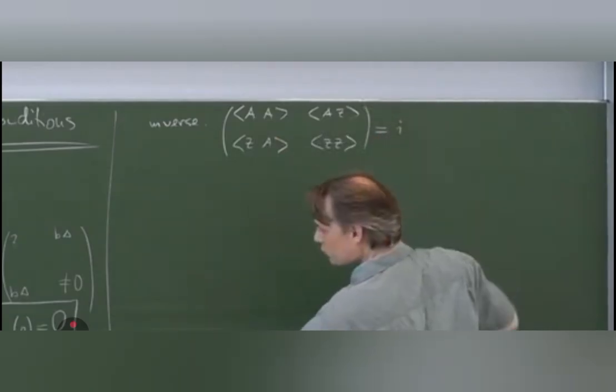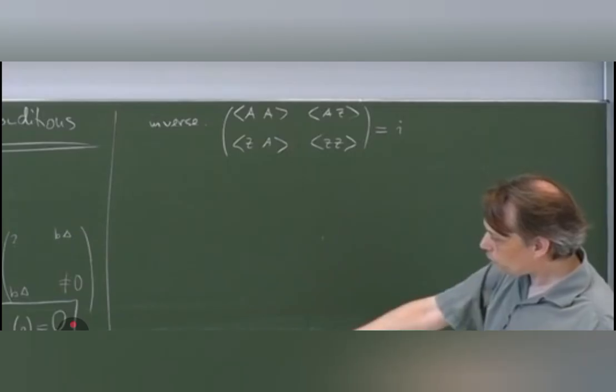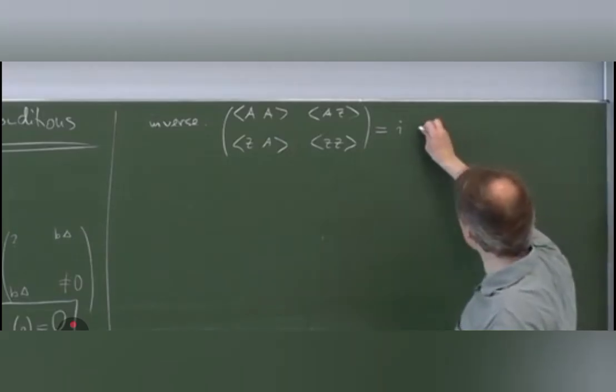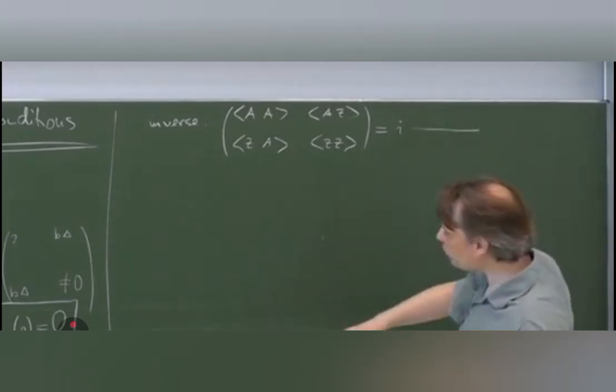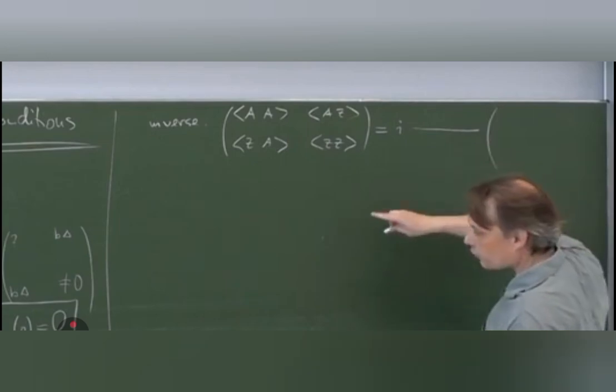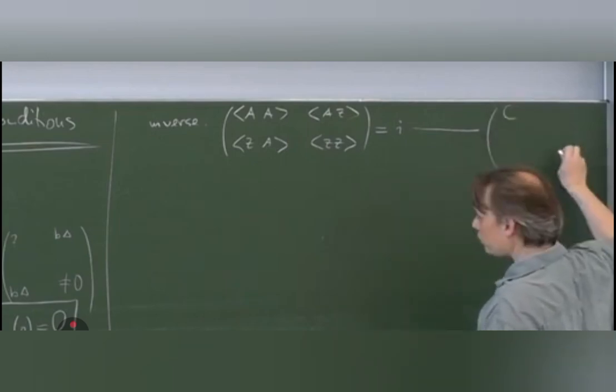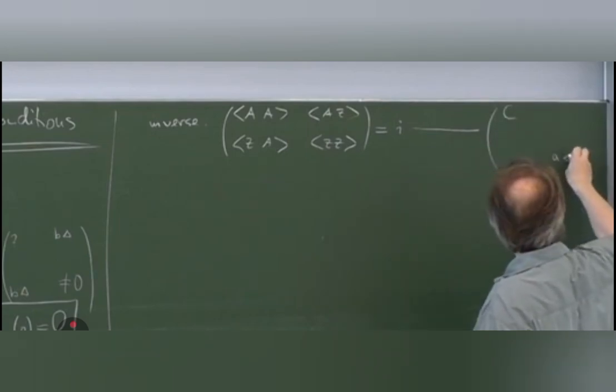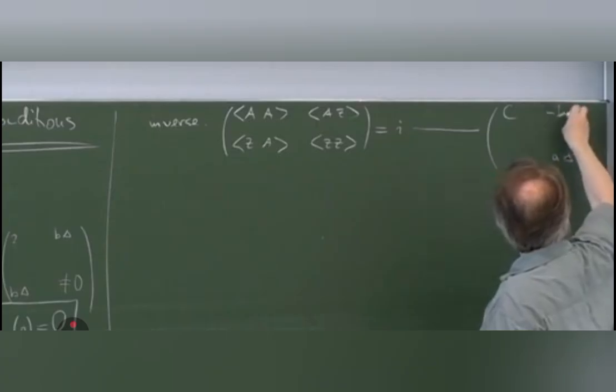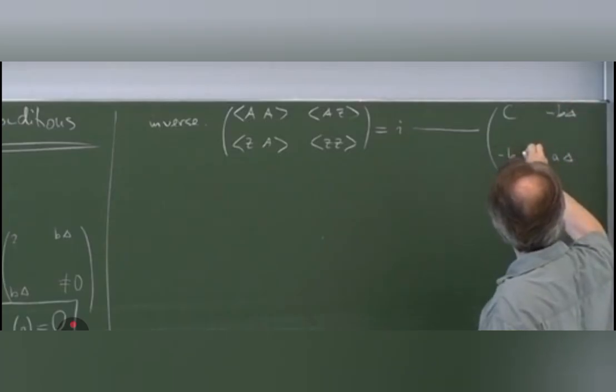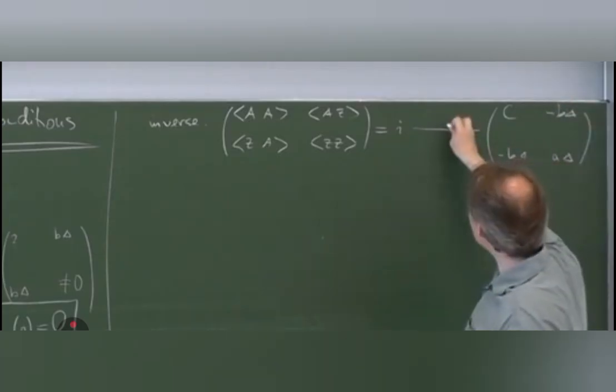And what is actually the inverse of that? The inverse of such a 2 by 2 matrix is 1 divided by the determinant times the matrix where you flip the diagonal elements, and the off-diagonal elements get a minus. And then you have 1 over the determinant.